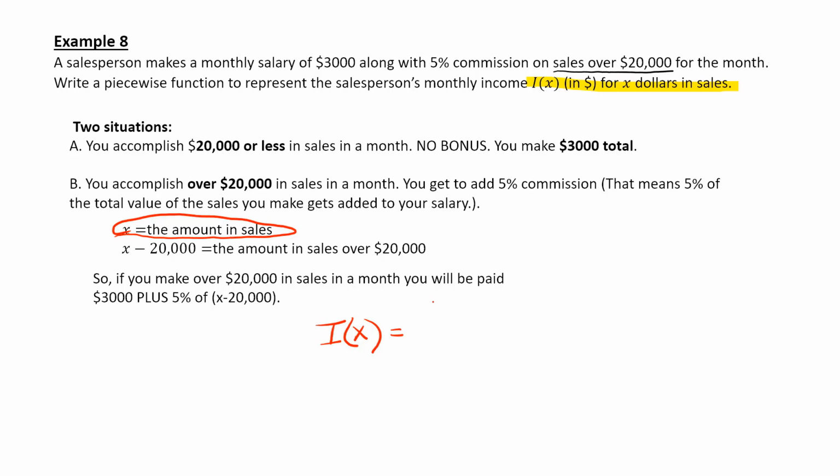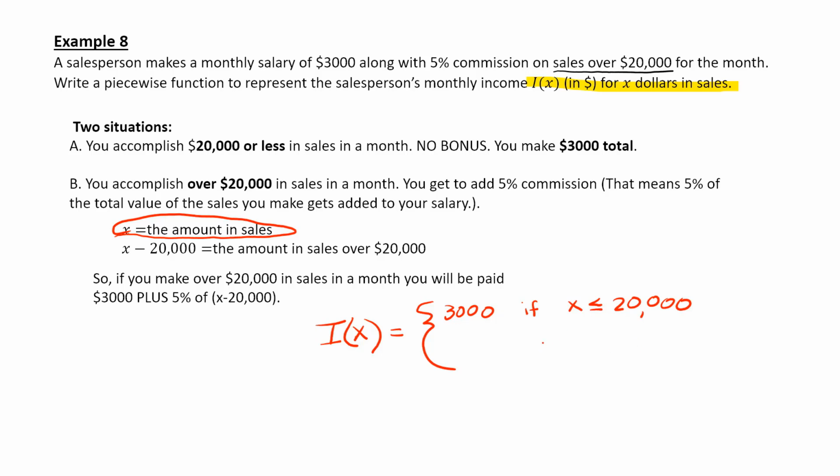If, there's two situations, if the amount of stuff you sold is less than or equal to $20,000, meaning you didn't sell over $20,000 worth of merchandise, then you're going to get $3,000. Your I of X is 3,000 if X is less than or equal to 20,000 in sales.